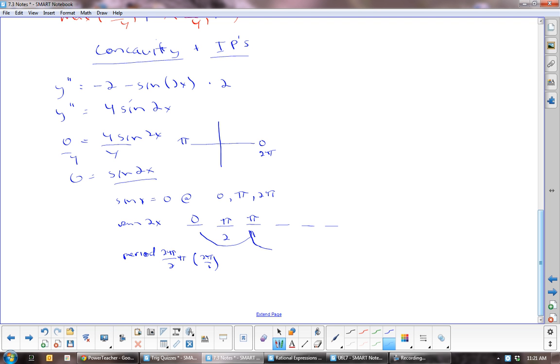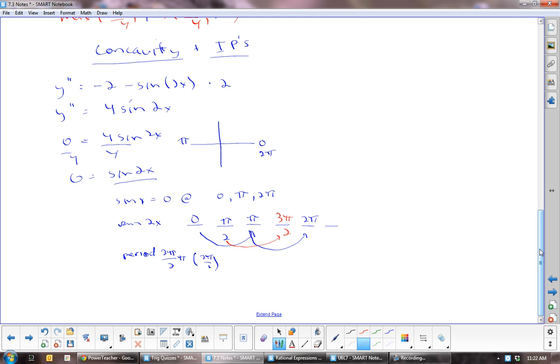And if I add it again, I will get 2 pi. So I'm not even going to have to go figure out that last one because that's definitely out of my domain. And then for this one, I will just add my 2 pi over 2, which should give me 3 pi over 2.